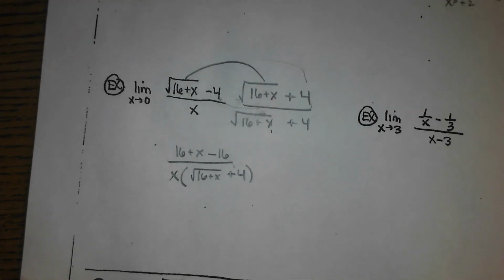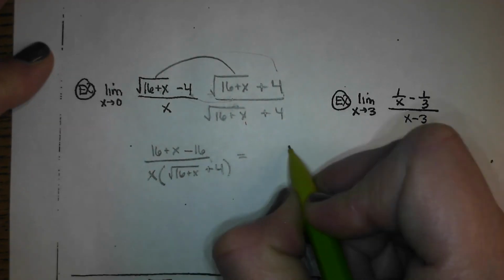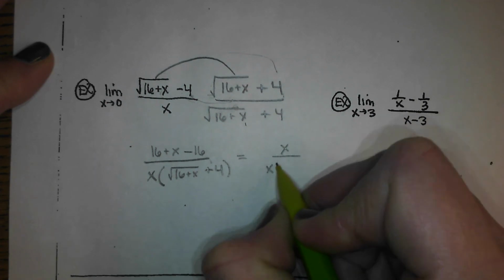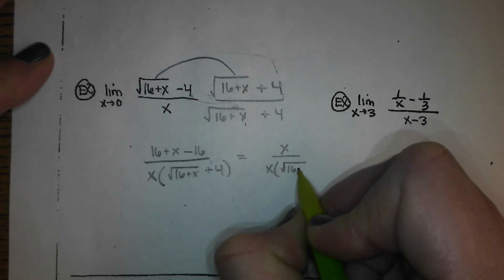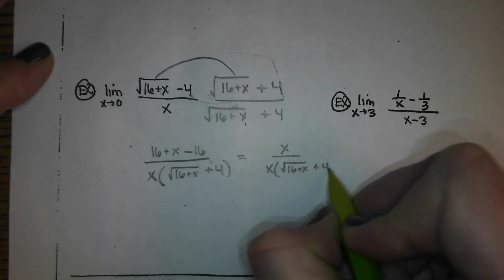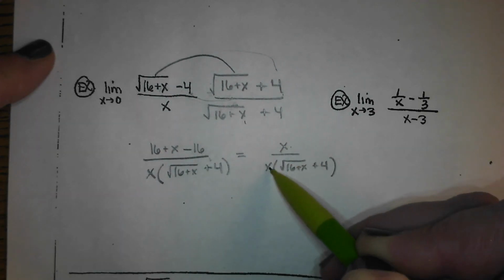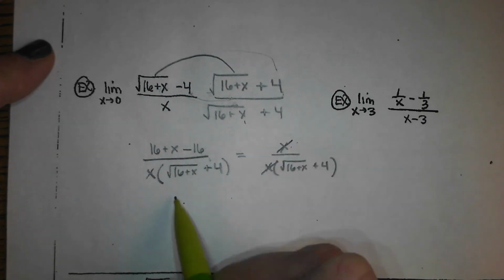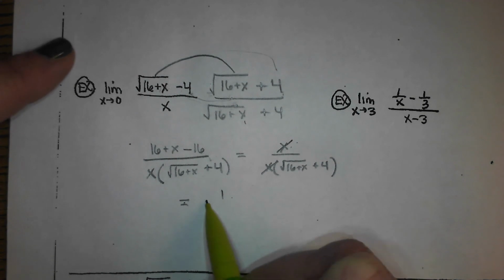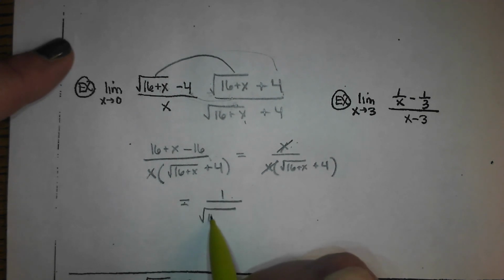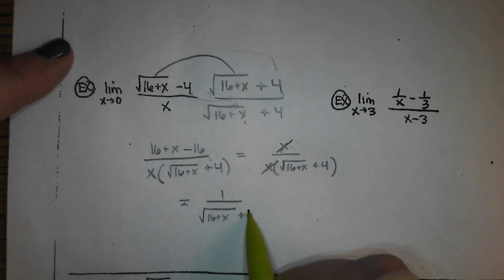And then my numerator reduces to just x. And now you'll see why I did not distribute the x on the denominator. Because the x from the numerator and the x from the denominator will now cancel. So it's 1 over root 16 plus x plus 4.